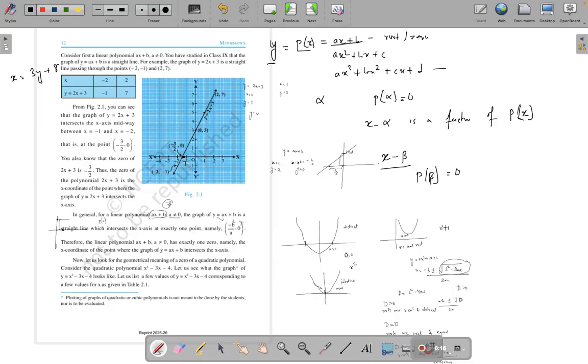At this point, x has some value, but y is not moving. This is the number line for x and this is the number line for y. So y is stuck at 0 at this point, right? If you look here or here, y has some value, but at this point y is exactly 0. So the value of x at this point is a root. Is this clear? So this is the graphical interpretation.